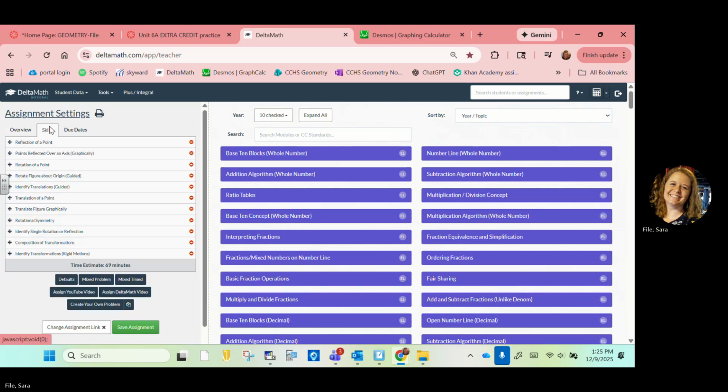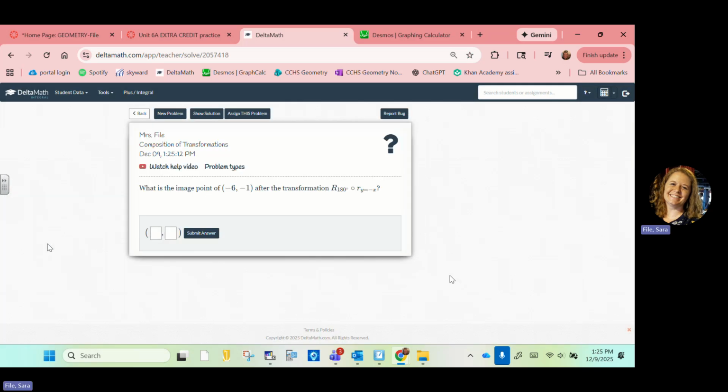Okay, so in this type of question, composition of transformation, is it just the way that it's written that's confusing you or the actual process? It's the way that it's written. Okay.